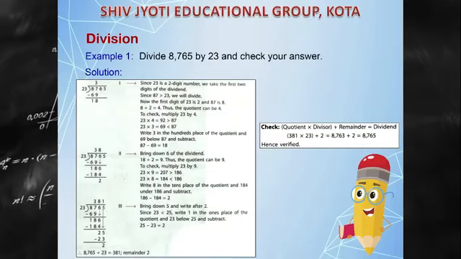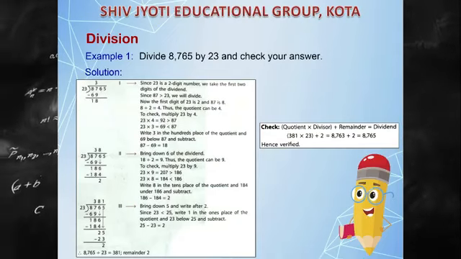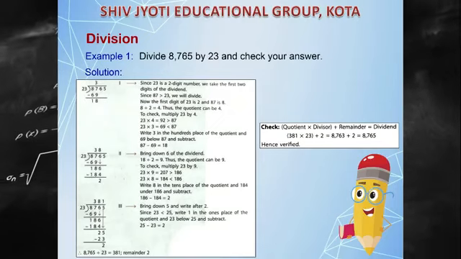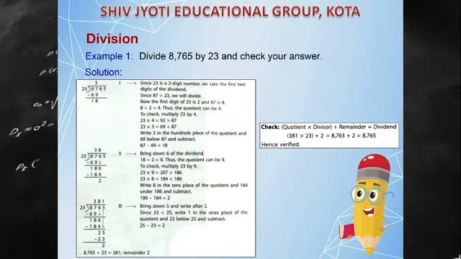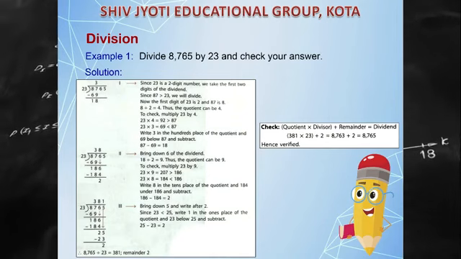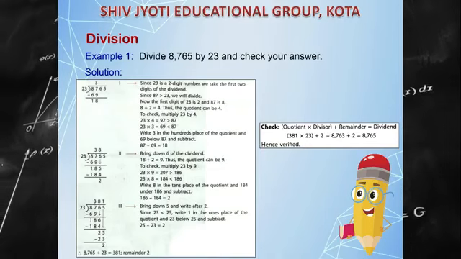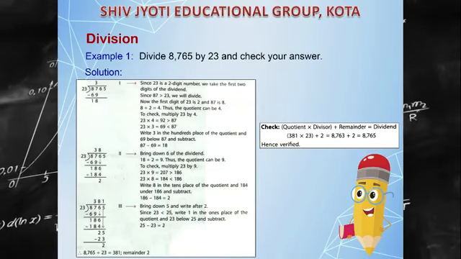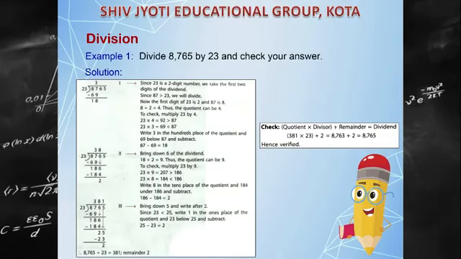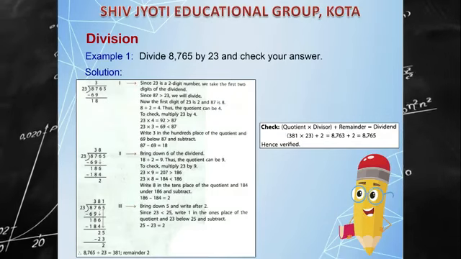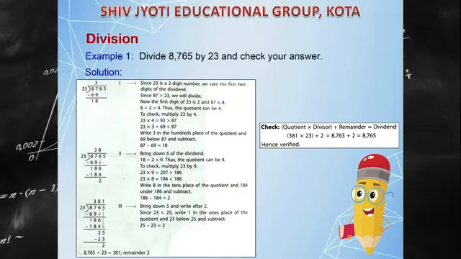Since 23 is a 2-digit number, we take the first 2 digits of the dividend. Since 87 is greater than 23, we will divide. Now the first digit of 23 is 2 and of 87 is 8. So 8 divided by 2 equals 4. Thus the quotient can be 4.